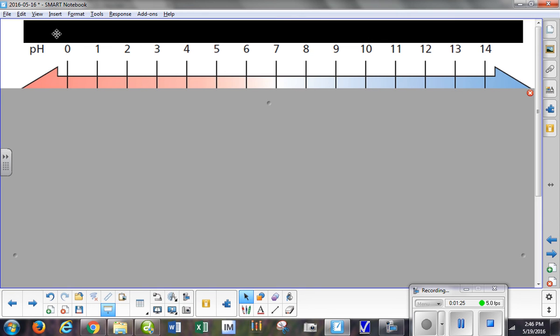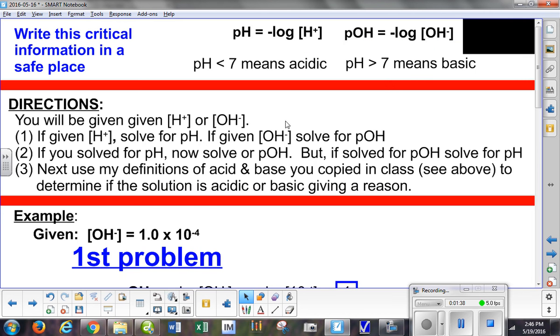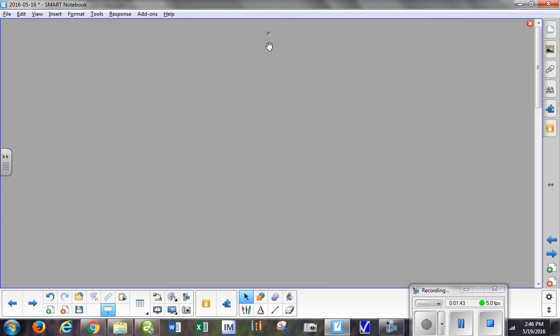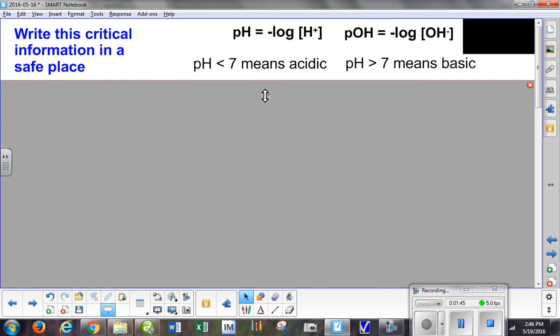Basically, the hydrogen ion concentration of 1 tells you that the pH is 0. Now, how do you know that? Because of this. These guys up here. We got to make sure we have these guys as well. So, what are these guys? The minus log of the hydrogen ion concentration is equal to the pH, and the minus log of the hydroxide ion concentration is the pOH.